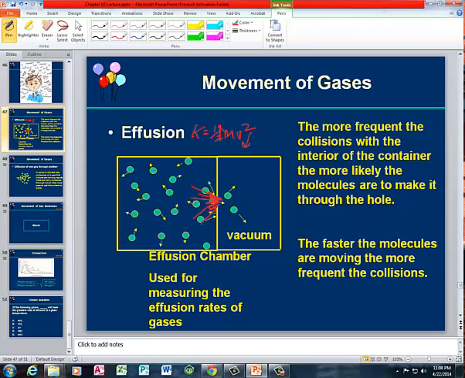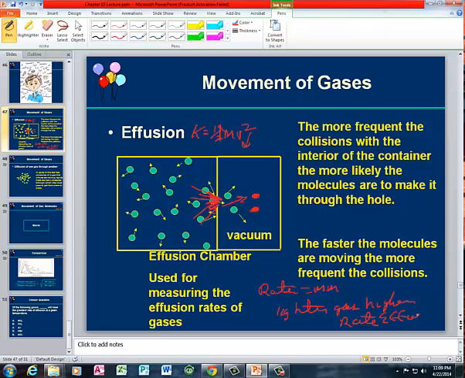And the more shots that a gas particle takes at the hole in a container, the more times it's going to get through from a pure probability point of view. So the rate of effusion is going to be inversely proportional to its molar mass. What that means is the lighter the gas, the higher the rate of effusion.